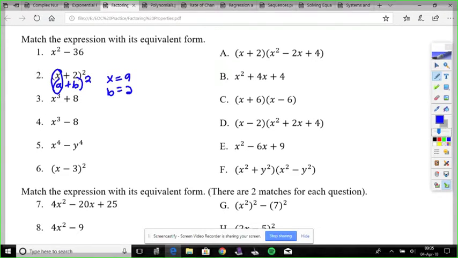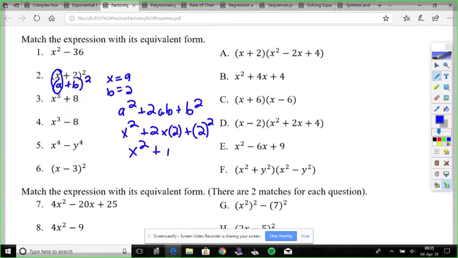So its format, remember, was, I believe, a squared plus 2ab plus b squared. That was our identity. So that would mean this would be x squared plus 2x times 2 plus 2 squared. Which is, if you simplify it, x squared plus 4x plus 4.